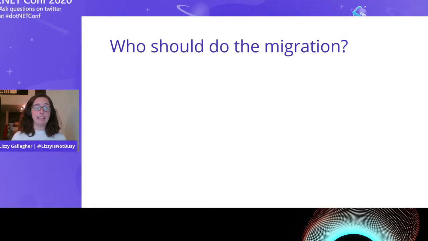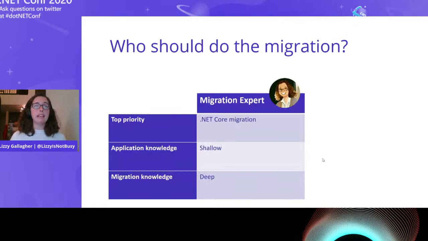Now, a natural candidate here would be the migration expert. Remember, my team was given near full allocation to this project. And although we know very little about these applications that we wanted to migrate, we would have the time and singular focus to gain deep knowledge about .NET Core and how to migrate to it. However, I cannot stress enough that we did not have context on these applications.